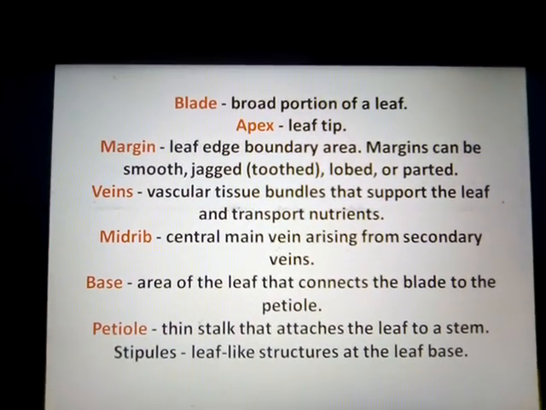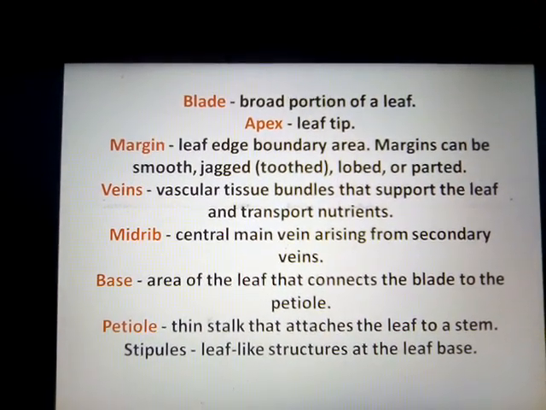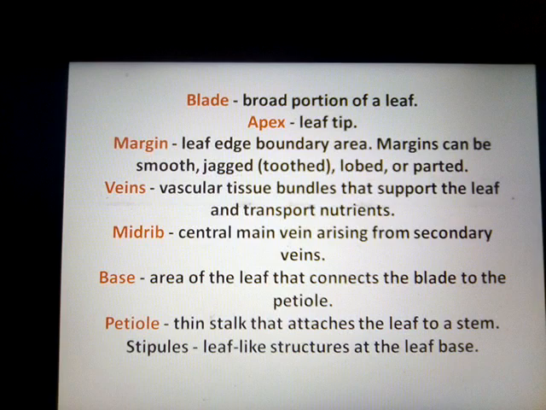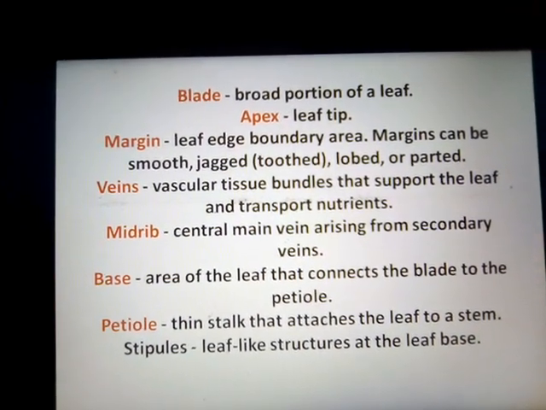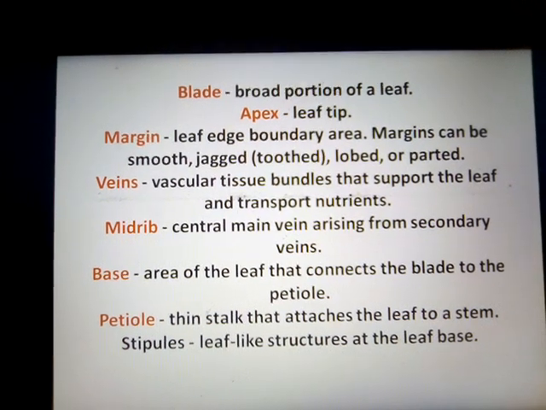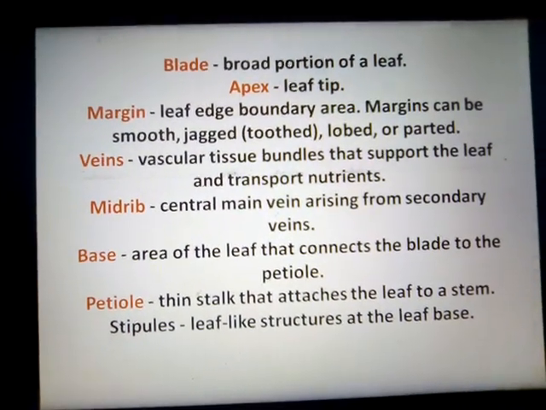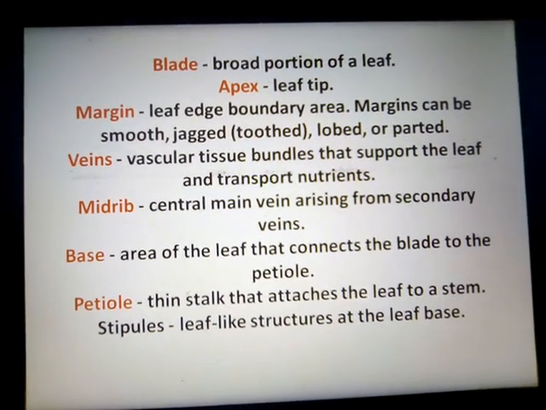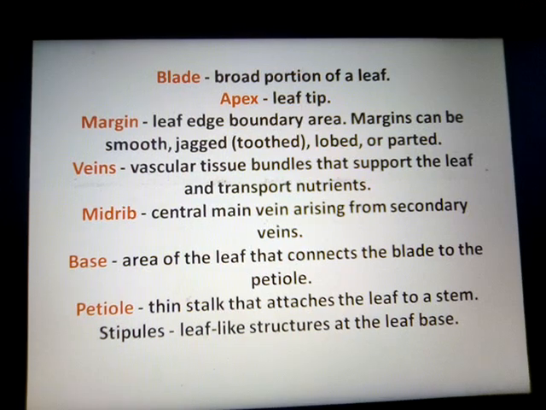The blade. The blade is the broad portion of a leaf. Apex. Apex is the leaf tip. Margin. The leaf edge boundary area.